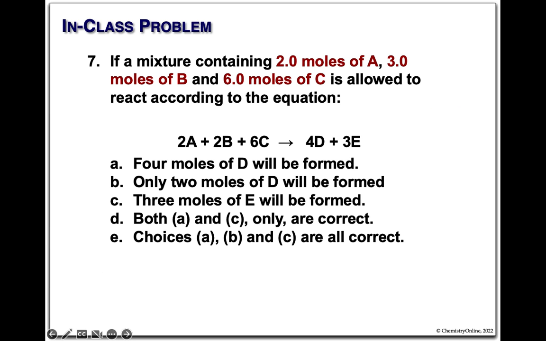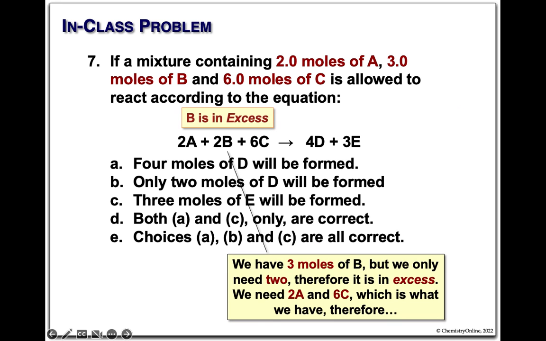Okay. We have 2 moles of A. We need 2. We have 6 moles of C. We need 6. And we have 3 moles of B. We only need 2 of them, don't we? That means that B is in excess.